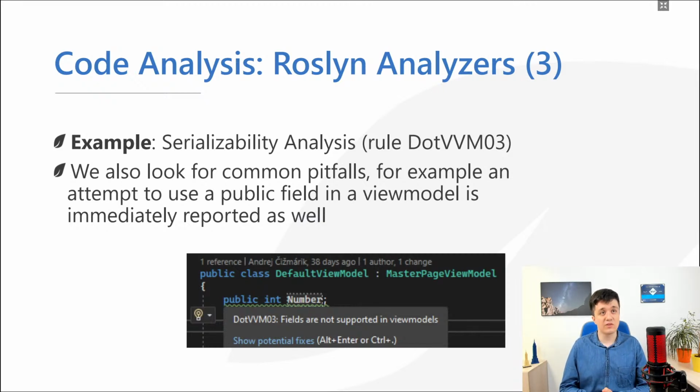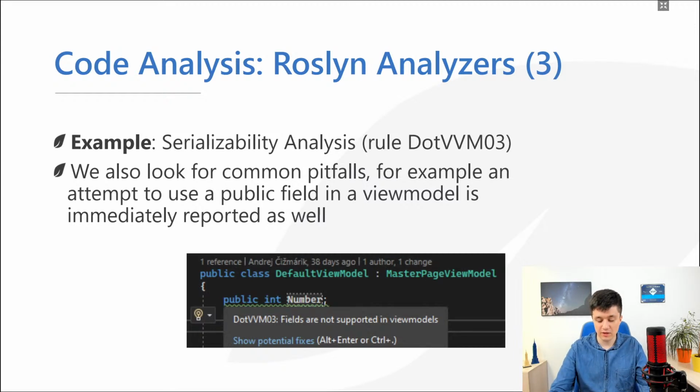And right now, since .vvm 4.0, there is a new tool, Roslyn analyzers for .vvm. So feel free to use them, and watch out for any warnings, as they might also discover some potential issues in your code base.